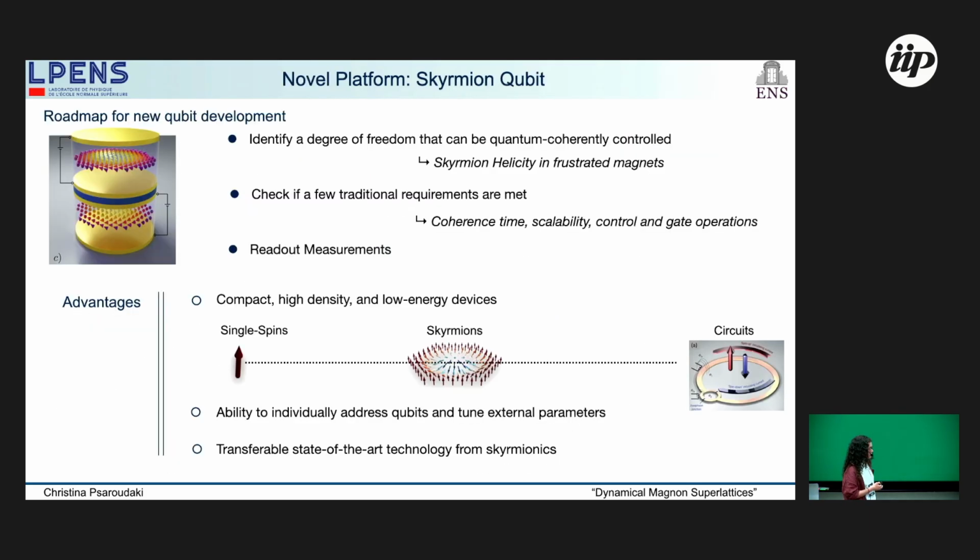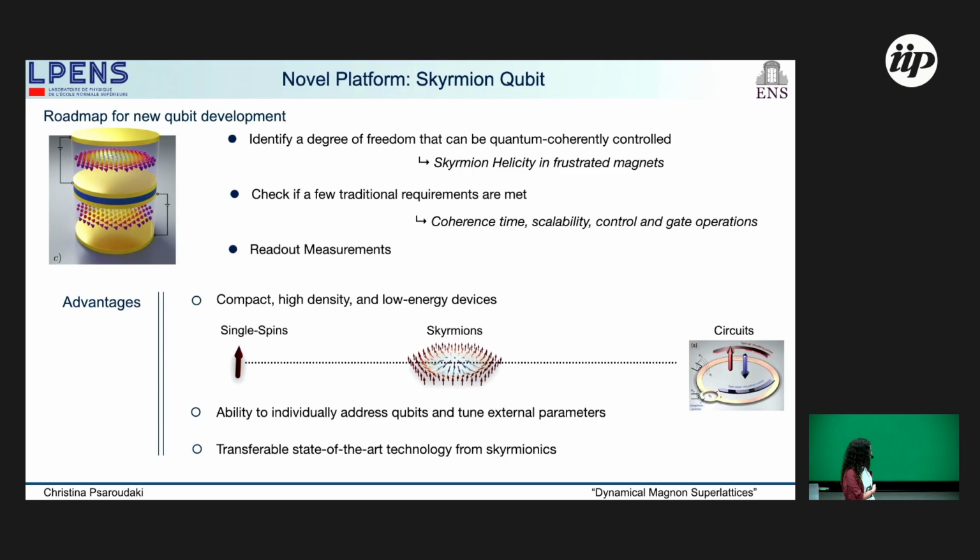So this is like the roadmap that I followed when I was trying to develop this idea. The first is to identify this degree of freedom, and as I said, it's going to be skyrmion helicity. The next is to check whether a few of those requirements are met in terms of coherence time, scalability, and gate operations, and of course that this degree of freedom is open for measurement. So a few readout measurements should be accessible.